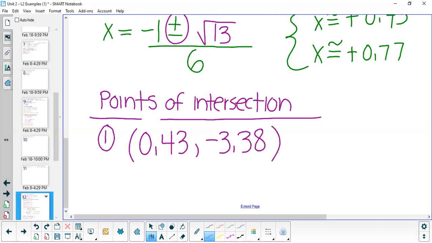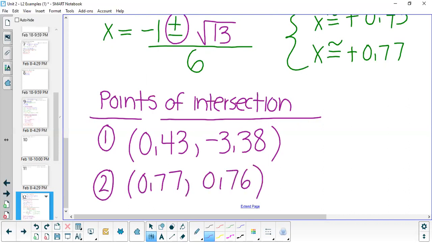I can get that by plugging it into the original function. And when x is equal to 0.77, y is equal to 0.76. Those are my 2 points of intersection. The main portion of this that you haven't done before in any of my lessons is using the quadratic formula to solve.